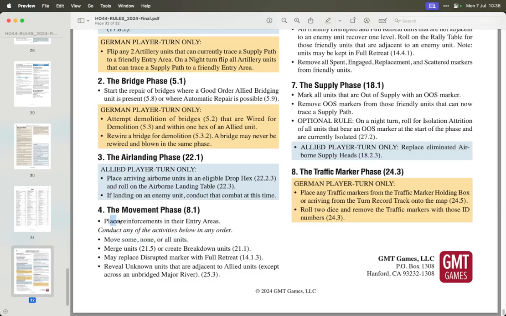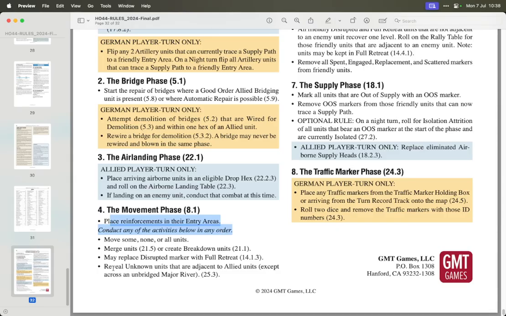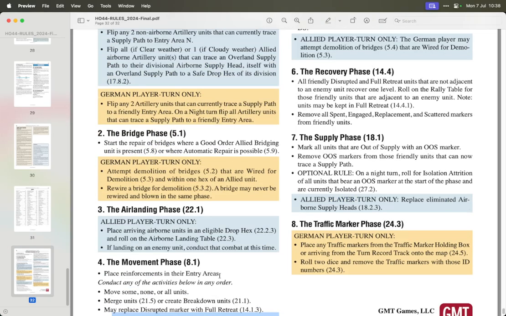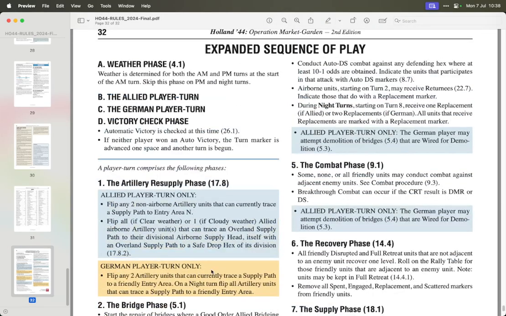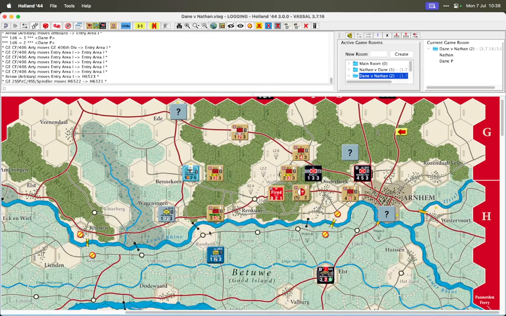So I will do my movement, and it's all tactical. I'm going to start up at Arnhem and do this guy first. This craft is going to try to get out of there. Go here.